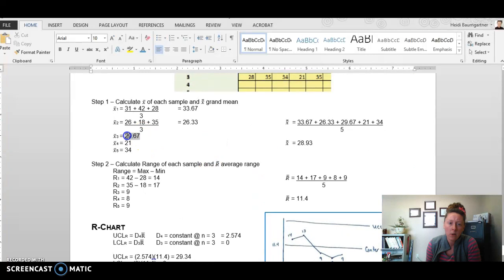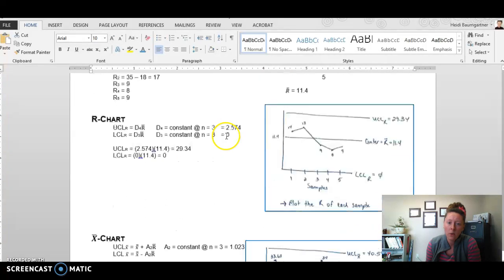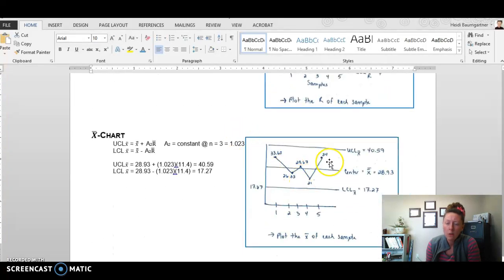There we go, I was looking at the wrong ones. 29.67, 21, and 34. And again, we're just looking at the X chart, and it looks like we are falling within the upper and lower control limits. Generally about the same above and below, and we are going to say that the process is in control.